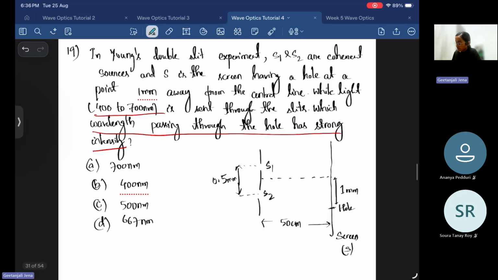This is the schematic. These are two slits and they are coherent. The separation is 0.5 mm, and on the screen we have a hole at a distance of 1 meter from the center. So the question is asking, through this hole and within the wavelength range of 400 to 700 nanometer, which wavelength will have a strong intensity?